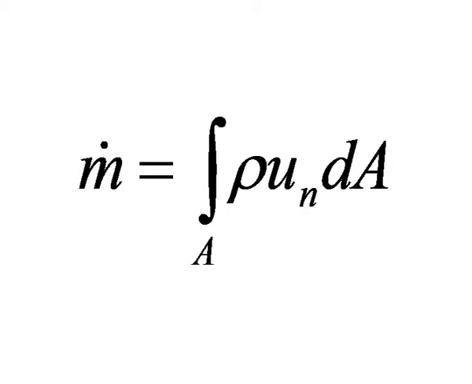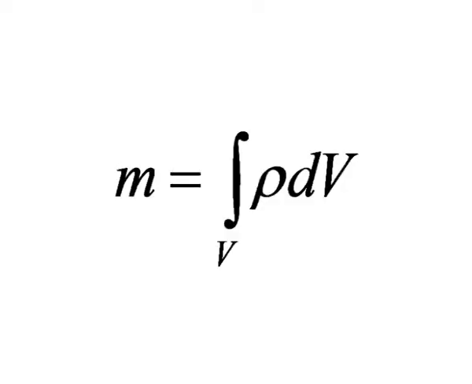The previous equation for mass flow rate will apply for inlet and exit cases. The total mass of the system may be expressed as a product of its volume and density. That is, m is equal to integral over volume V rho into dV.